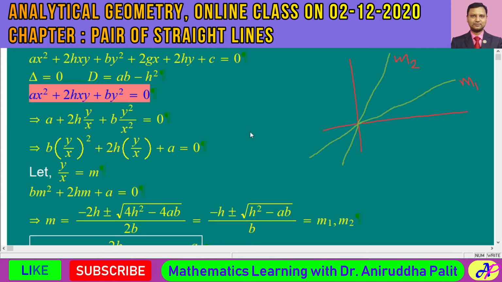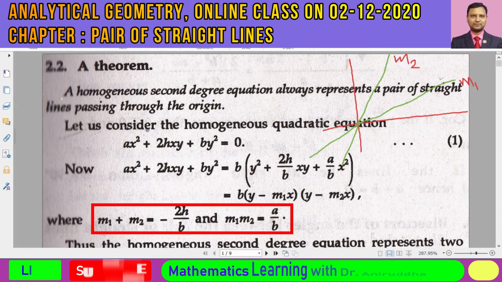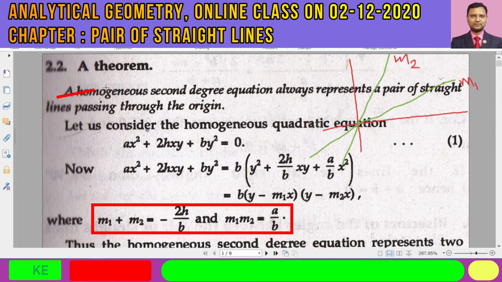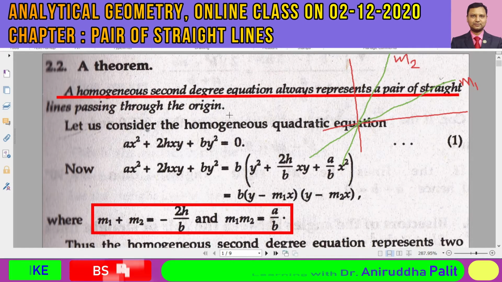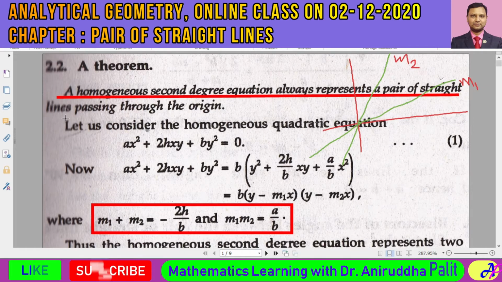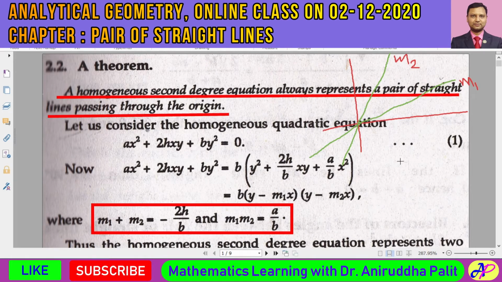Got it? So that's why we have this result that a homogeneous equation of second degree always represents a pair of straight lines passing through the origin. Got it? It always represents a pair of straight lines passing through the origin.